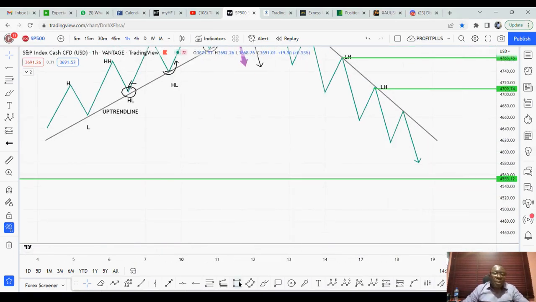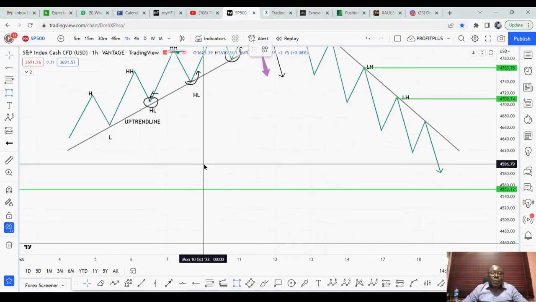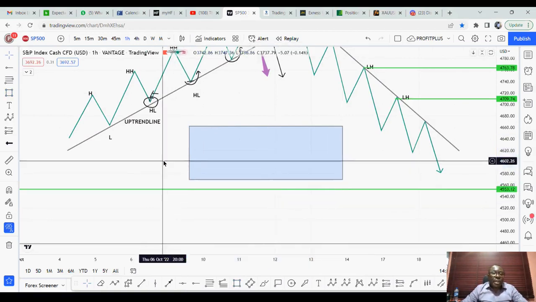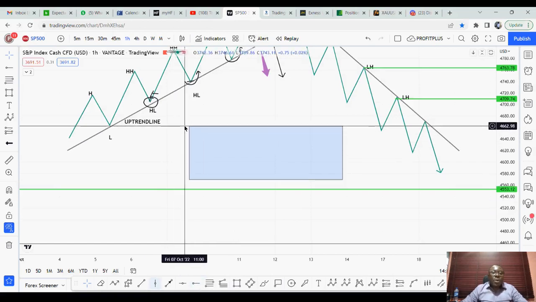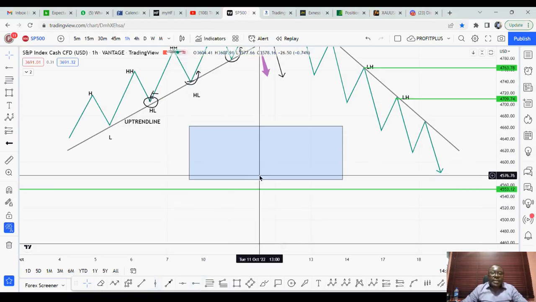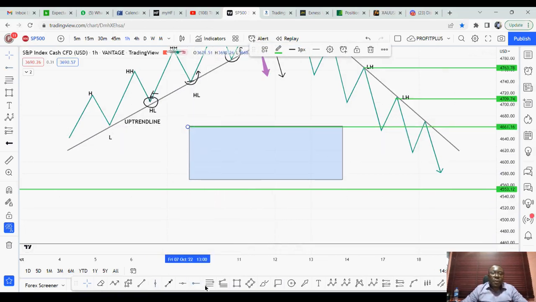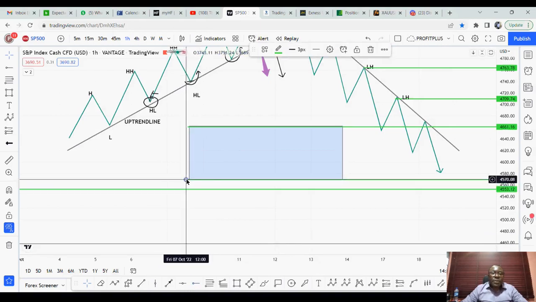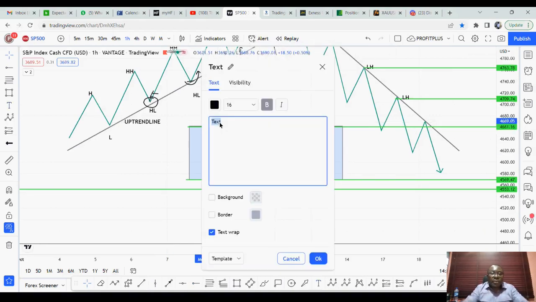Then another environment is the environment where the price is not trending. It's called ranging. Okay. In this kind of environment, it's ranging between support and resistance levels. So the lower one is the support, this higher one is the resistance.